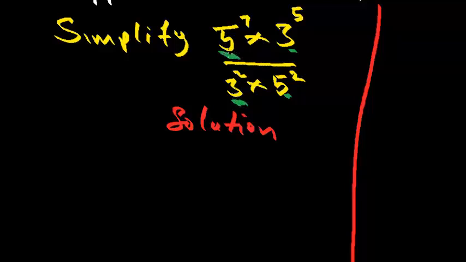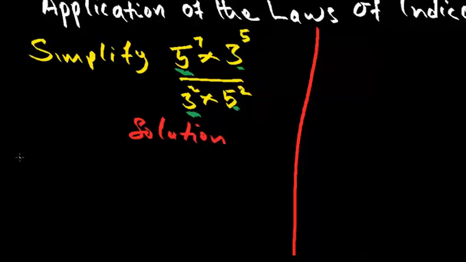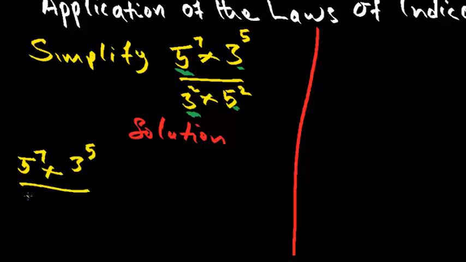Whichever number comes first in the denominator, we make that same number come first in the numerator, and vice versa.